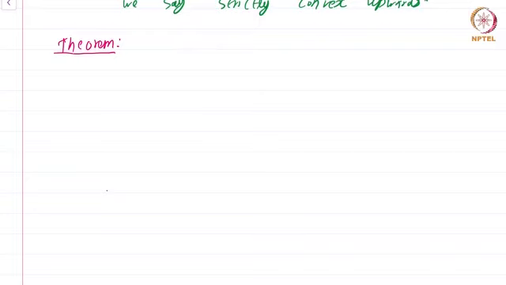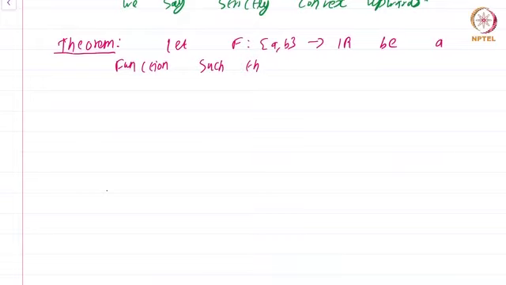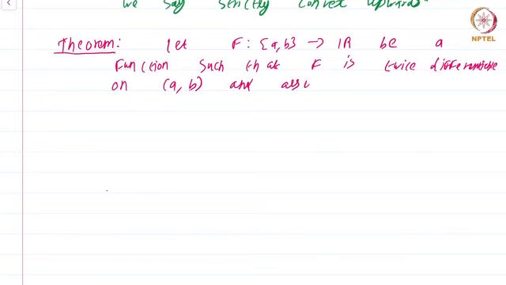Let f from (a,b) to R be a function such that f is twice differentiable on the open interval (a,b), and assume f''(x) is greater than 0 for all x in (a,b).